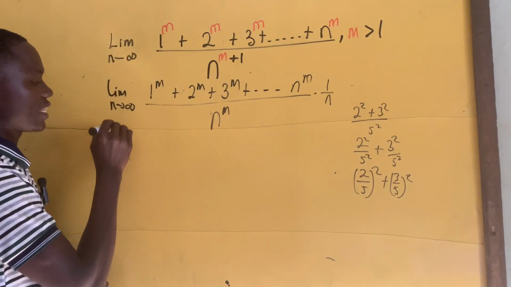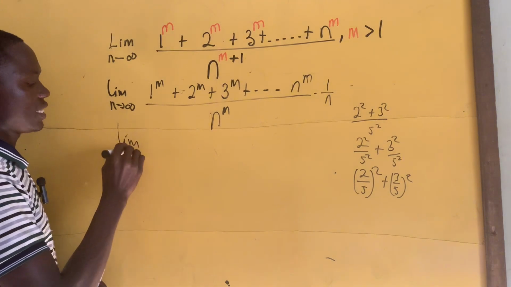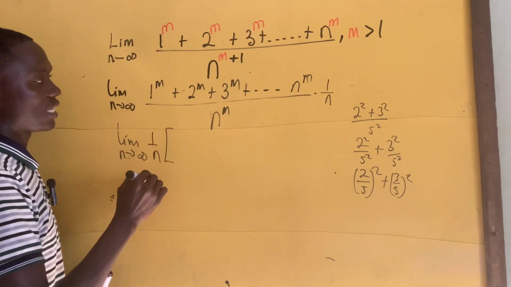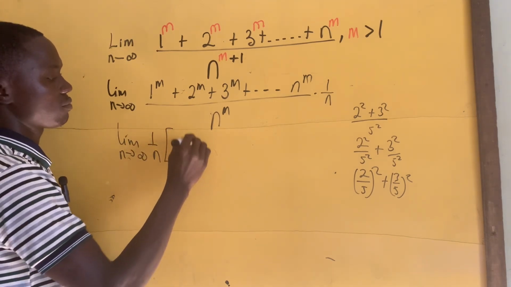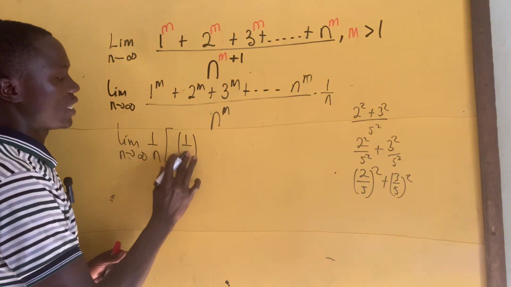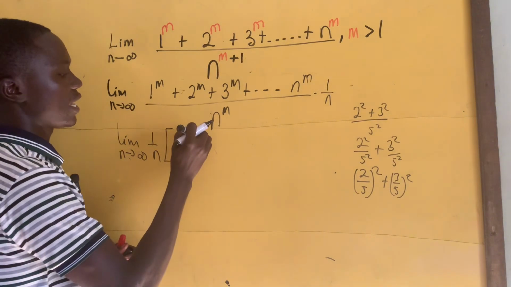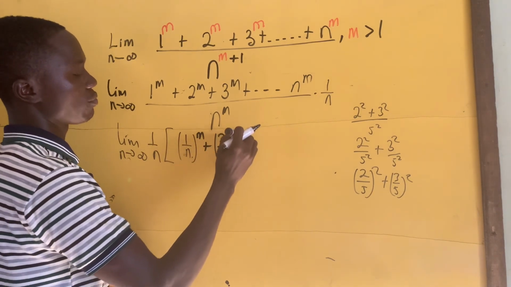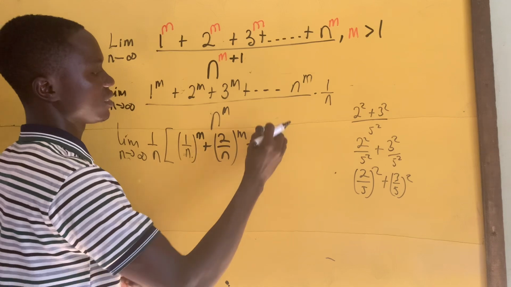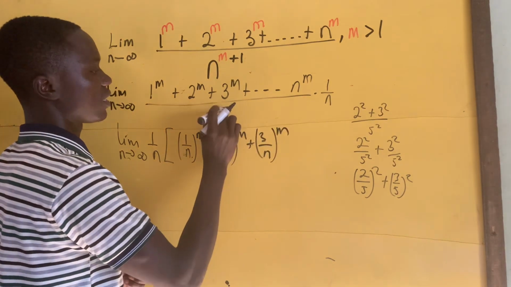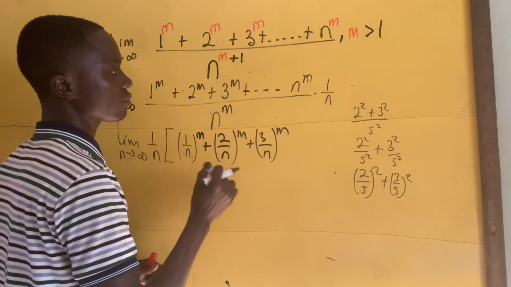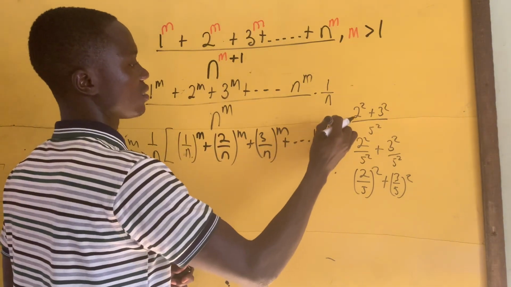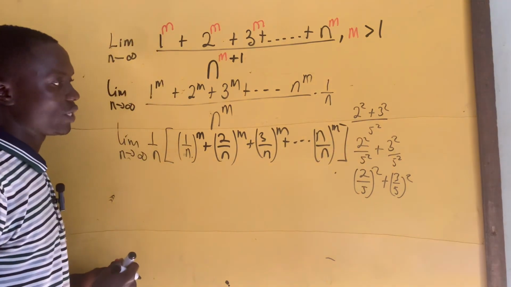So from here, we can write this as the limit as n approaches infinity of 1 on n times (1 on n) power m plus (2 on n) power m plus (3 on n) power m, plus up to (n on n) power m, in a very simple way.